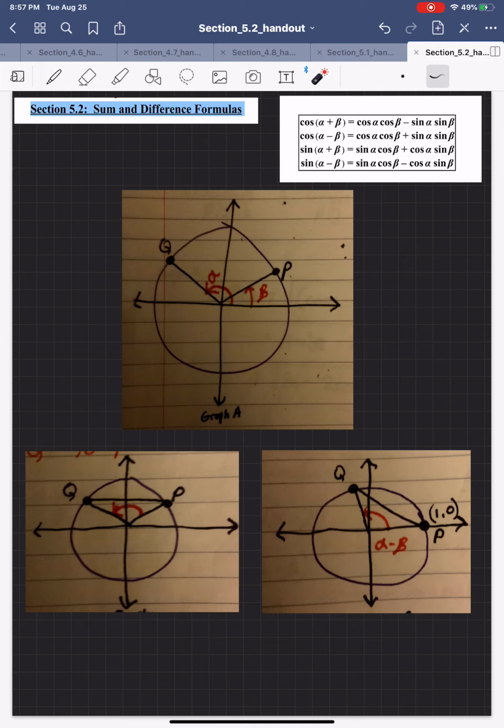You can turn this knob. Just imagine that I've turned this knob so that P moves all the way to the x-axis. So notice that now point P is down here, and here's the new location for Q.